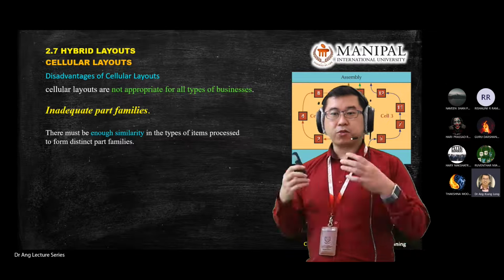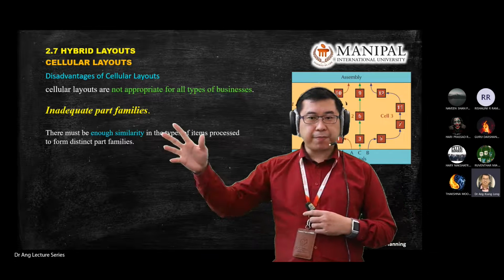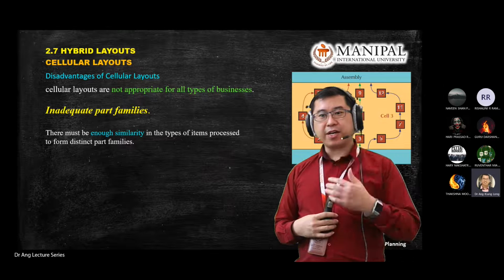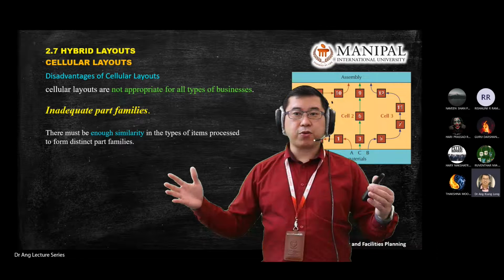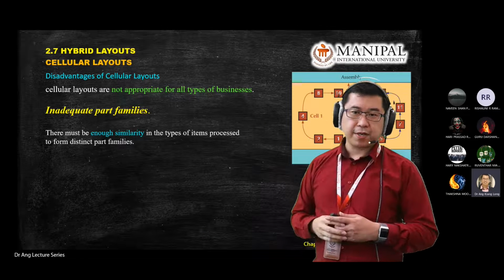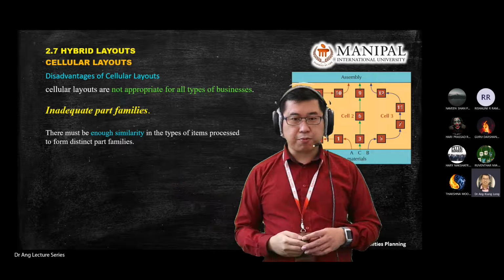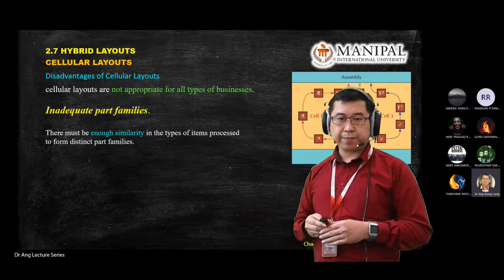Group technology groups parts based on their similarity. So if the customer is ordering many new prototypes, let's say you have 100 prototypes to produce, then maybe this setup is not suitable. You need to have enough similarity in the process, then only you can use cellular layout.